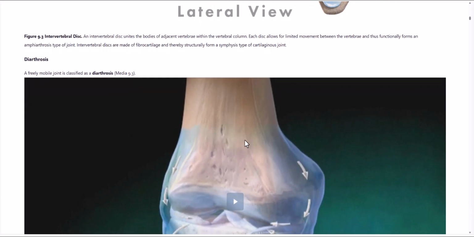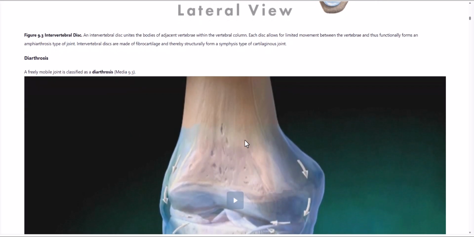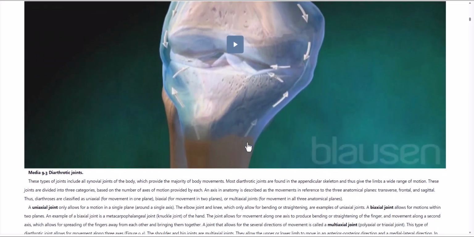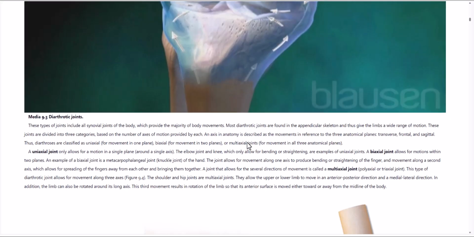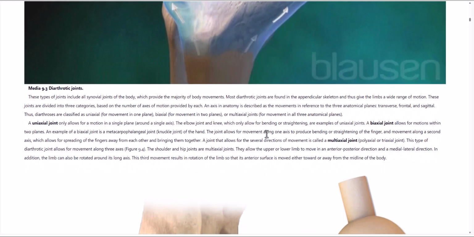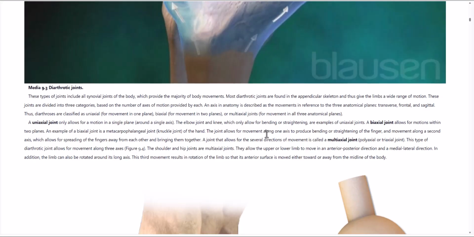Now, diarthrosis is, or are, all of the freely movable joints. The knee is a great example of that. And we'll see that the movement of synovial joints comes in a number of different categories and flavors.